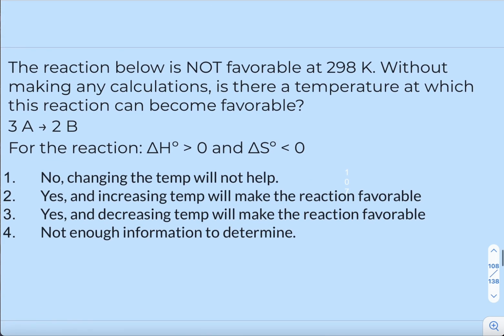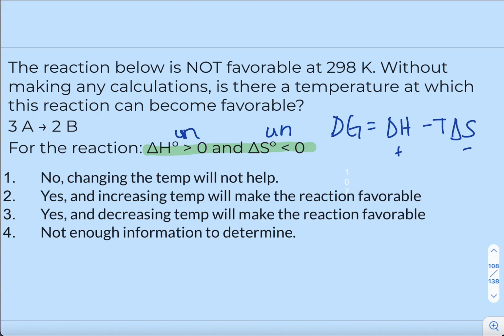But now let's take a look at this one. For this one, delta H is positive and delta S is negative. Both of those are unfavorable. So delta S is negative is unfavorable, and delta H is positive is unfavorable.